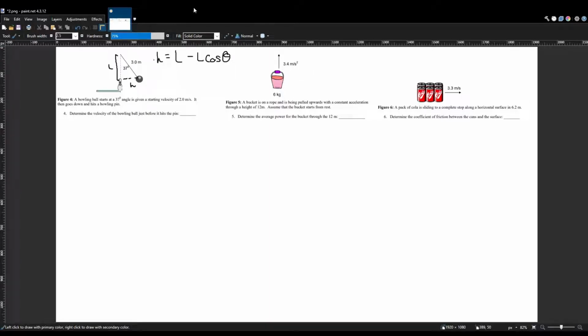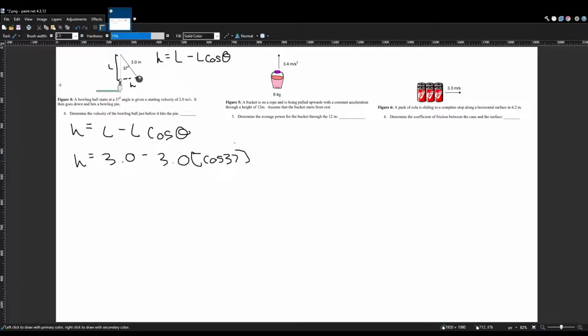So the first thing we need to find is height. So H is going to be equal to L minus L cosine theta. And because we have 3 here as our length, our height is going to be equal to 3.0 minus 3.0 times the cosine of 37.